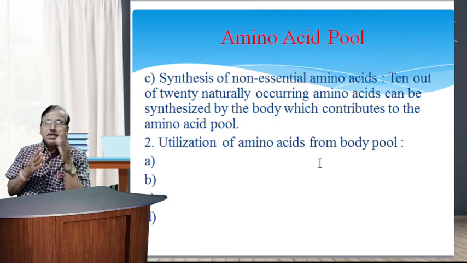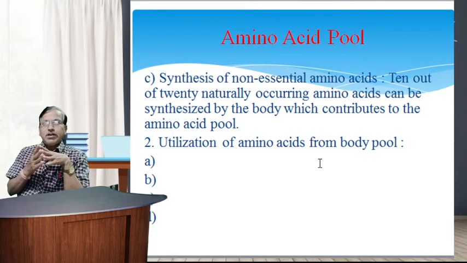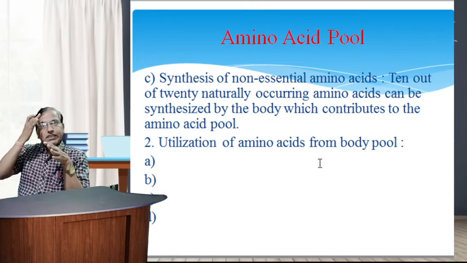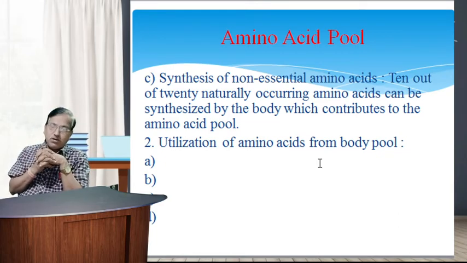Next is C, the synthesis of non-essential amino acids. Ten out of 20 naturally occurring amino acids can be synthesized by the body, which contributes to the amino acid pool.